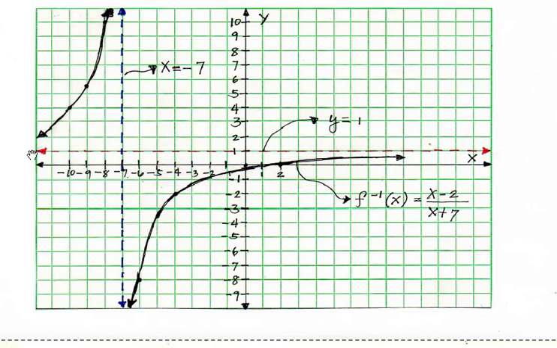On this part of the graph, if we make our x value infinitesimally small and closer to negative 7, we just have a value for y that is increasing without bound. But take note that it will never touch this vertical asymptote.